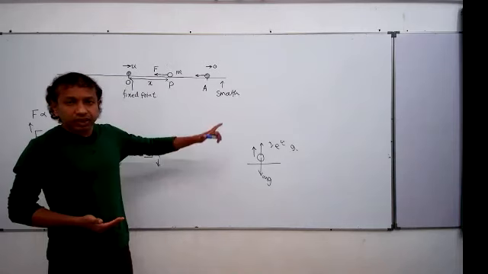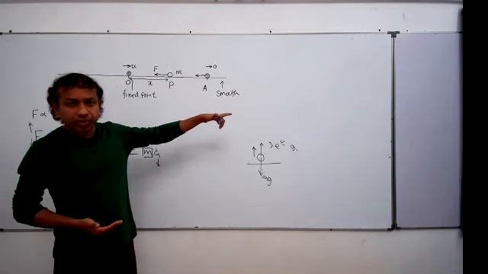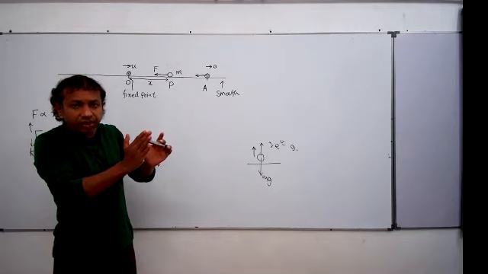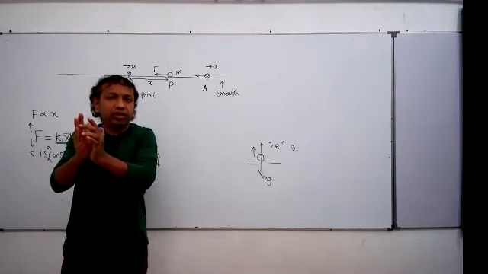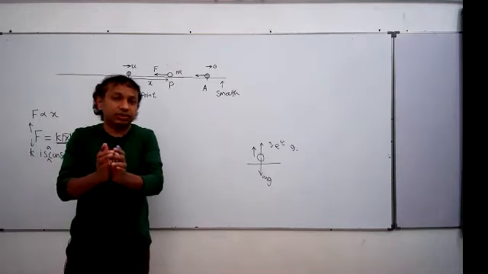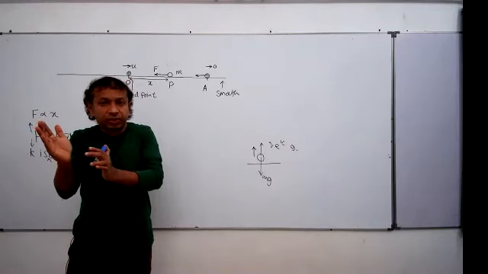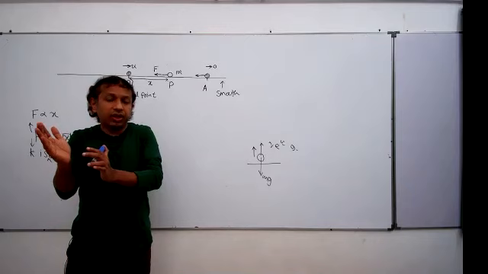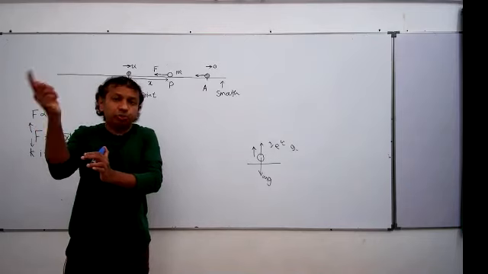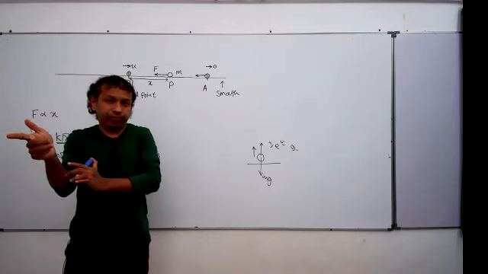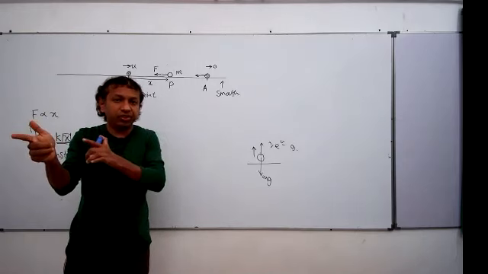In the early stage, the velocity increased by, say, 10 units in 1 second. In the second second, the newly added velocity is 9, so now the velocity is 19.